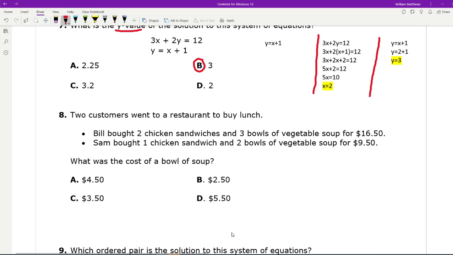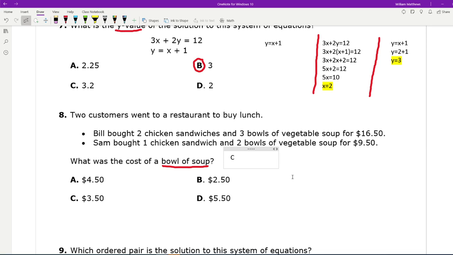Number 8 has the same type of setup, but now it wants us to create the equation from a word problem. In the end, it wants us to find the cost of a bowl of soup. So I need to know exactly what I'm looking for. Now, before you get anywhere, you really want to label your variables that you're going to use.